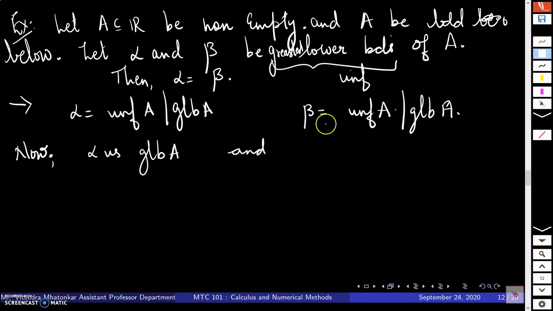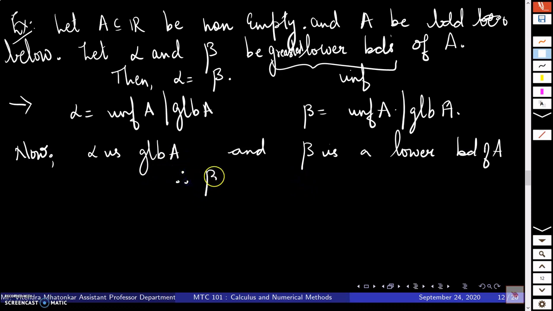So I'll use the lower bound property of beta: beta is a lower bound of A. Now beta is a lower bound of A, and alpha is the greatest of all the lower bounds, and beta is any other lower bound. That means beta must be less than or equal to alpha, because alpha is the greatest of all the lower bounds and beta is another lower bound.